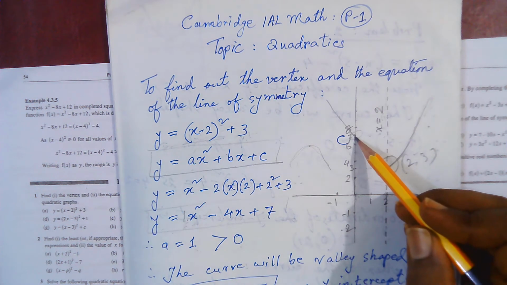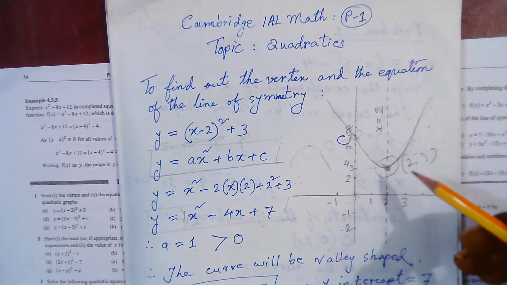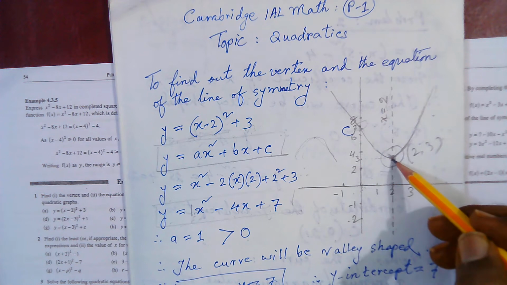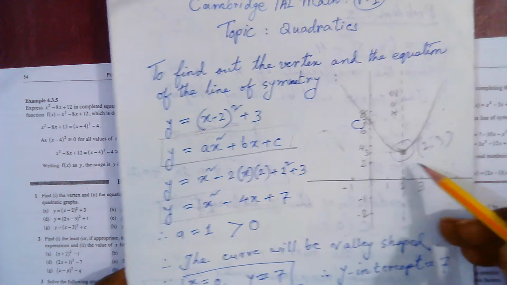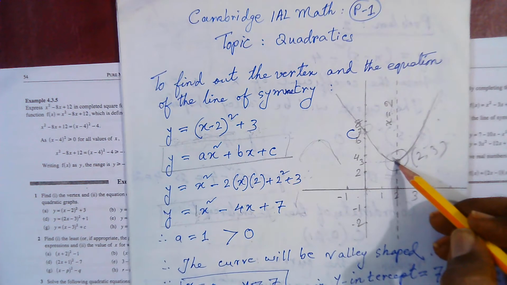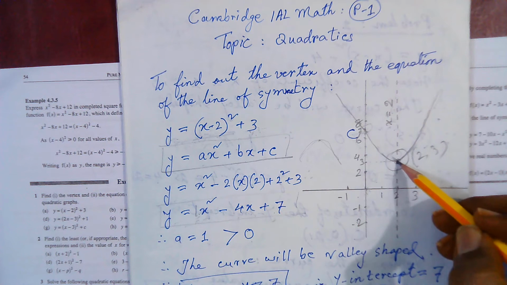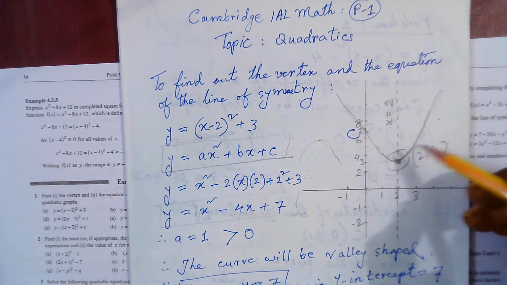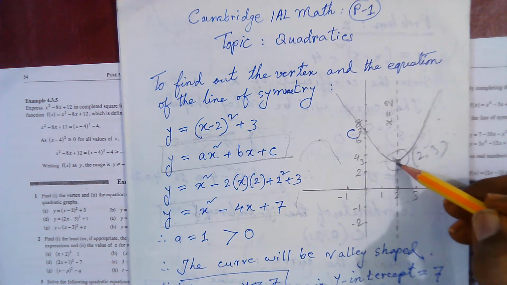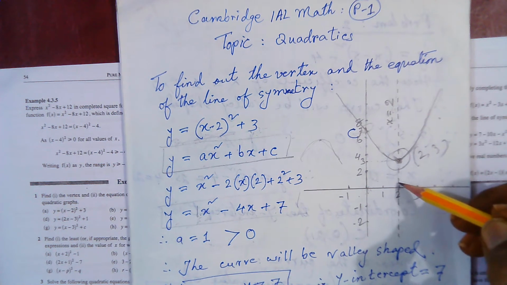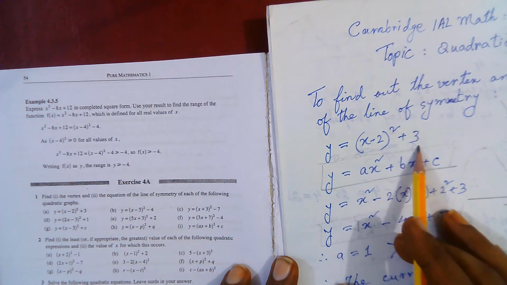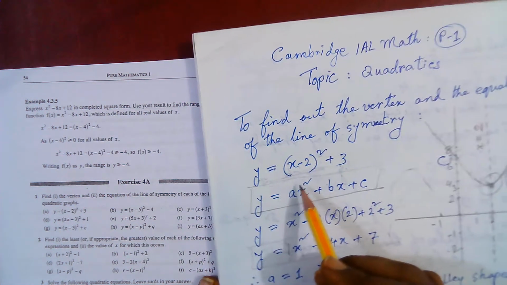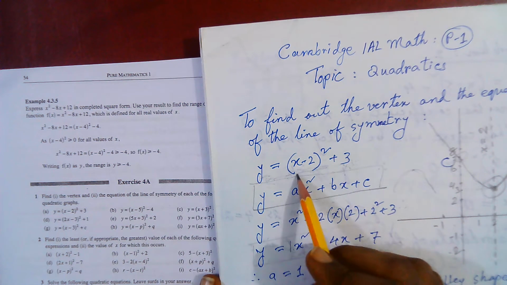So the curve will pass through this point. Now, to find out the turning point, how to do that one? What is the nature of this turning point? As the curve is valley shape, at the turning point the value of y will be the minimum. So here we observe y will be minimum when this one, (x minus 2) whole squared, will be 0.